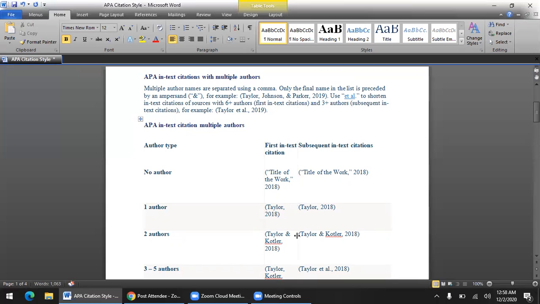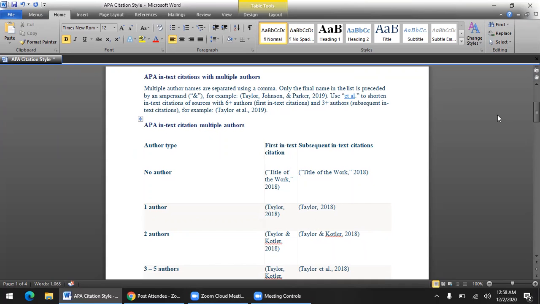And how will you cite it in the subsequent citation? Taylor and Kotler followed by a comma, 2018. Both are the same, whether it's the first time or subsequent in-text citations, you cite it the same way as the first one.